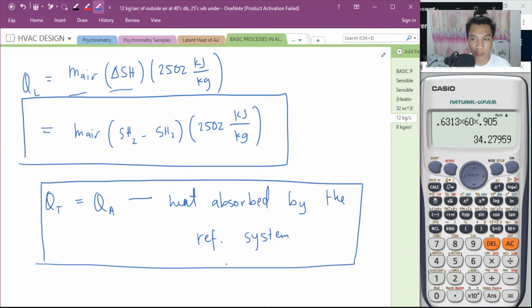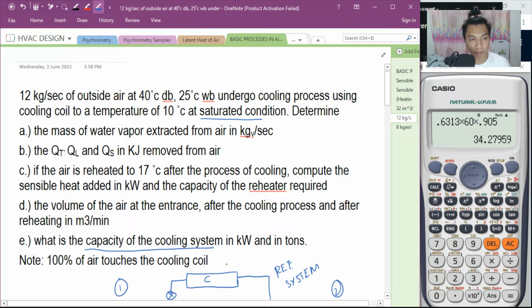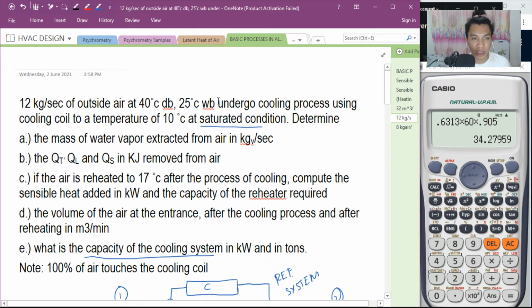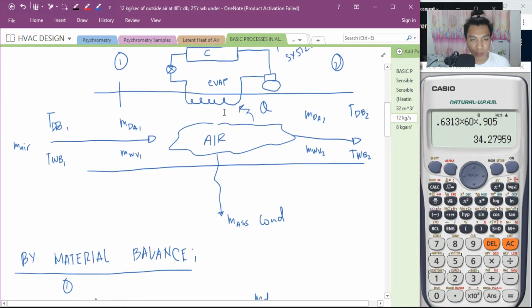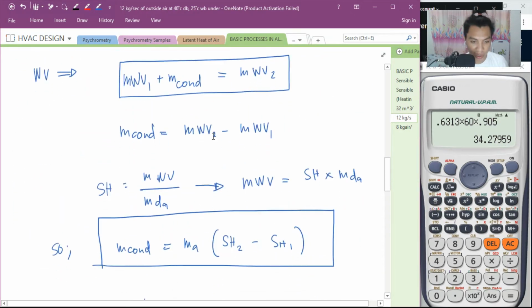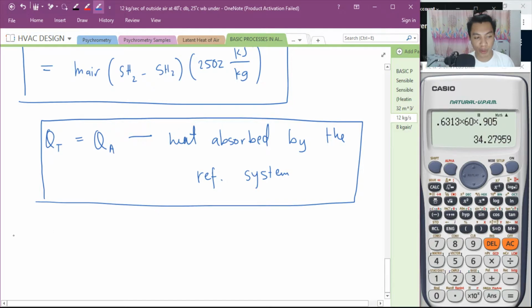Okay? Recall natin. Meron ka dyang 0.1, 0.2. So, 0.1 mo, okay, is 40 tapos 25 degrees Celsius wet bulb. It underwent cooling process. Ayan ang mga pinahanap natin. Okay, saturated na siya. So, let us go with the solution.